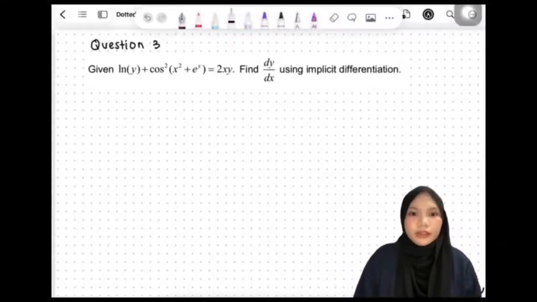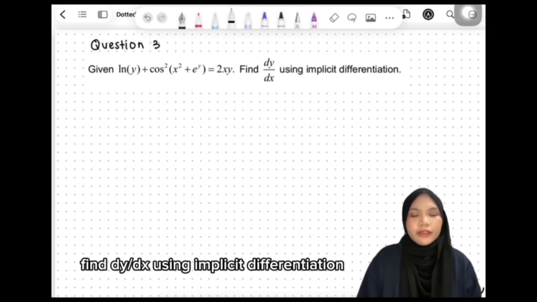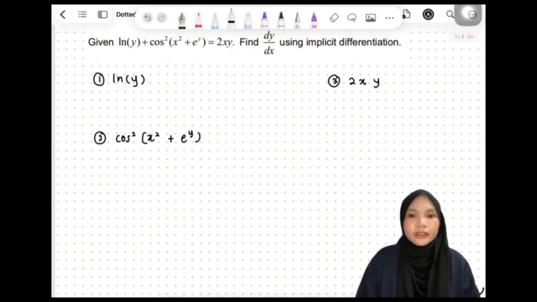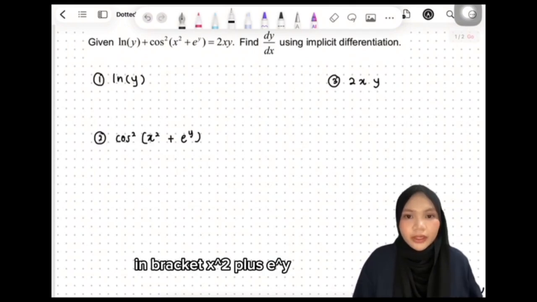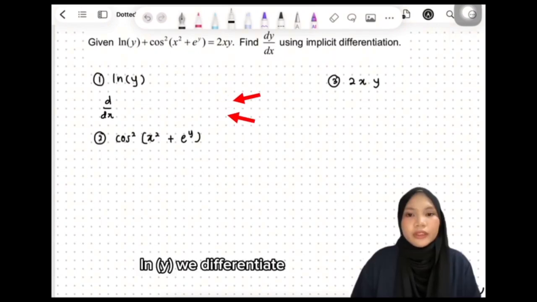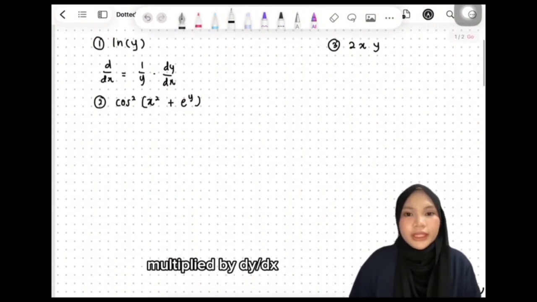For question 3, find dy over dx using implicit differentiation. Firstly, we separate it into 3 parts: the first one is ln y, the second one is cos squared of (x squared plus e to the power of y), and the third one is 2xy. Ln y we differentiate, it will be 1 over y multiplied by dy over dx.